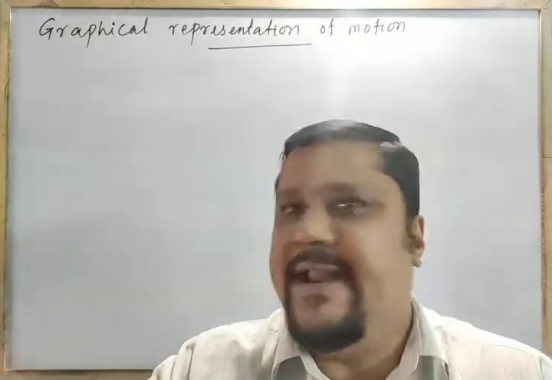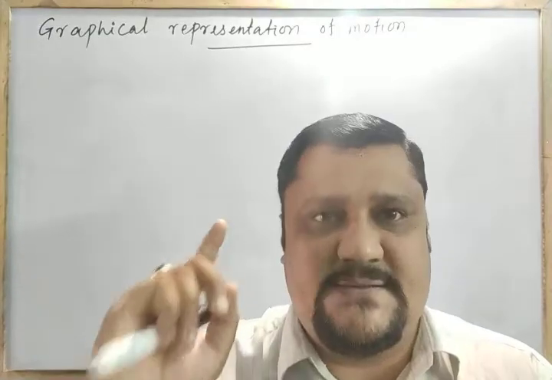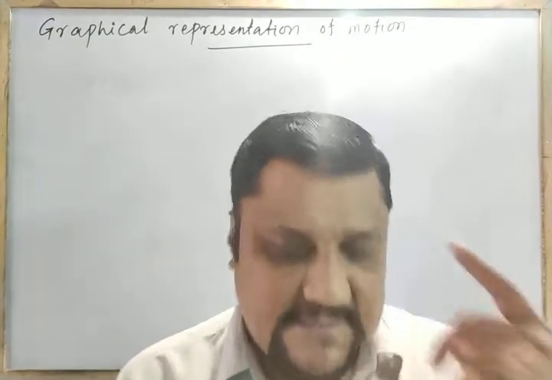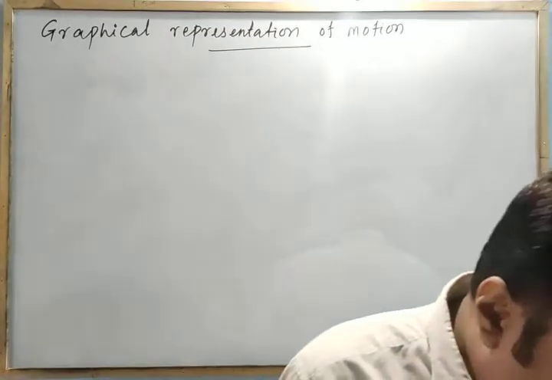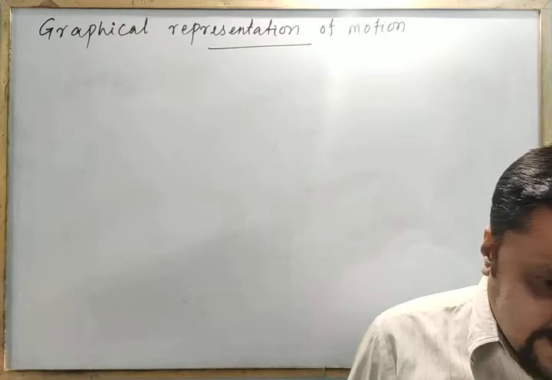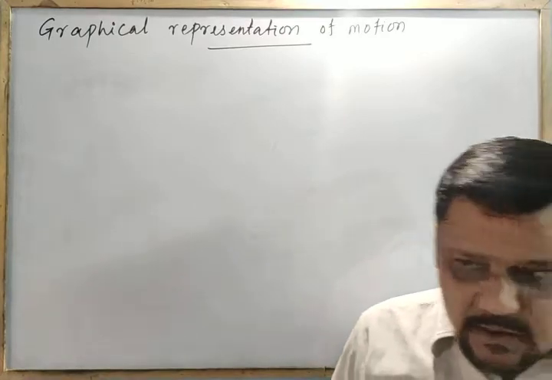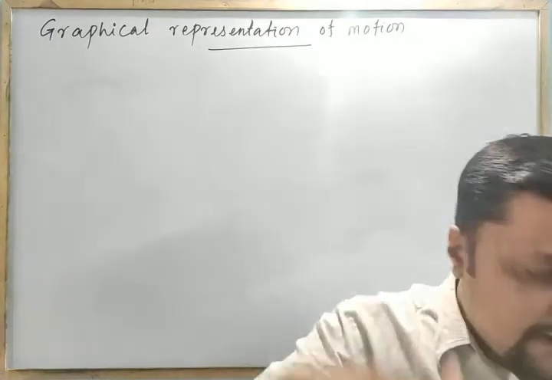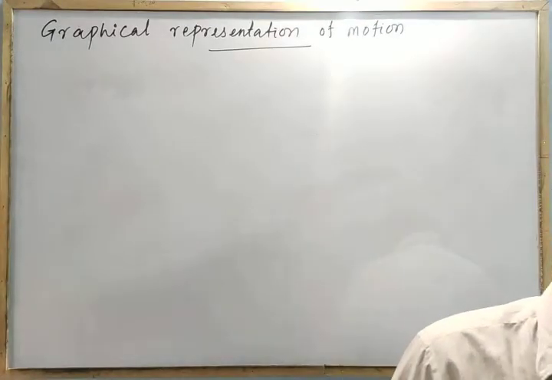I am not going for three dimensions. I am taking two axes, one is the x axis, the other is the y axis. One variable is taken along the x axis, the other will be on the y axis, right?